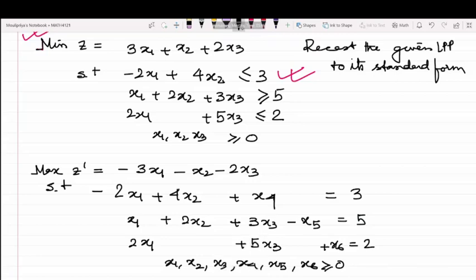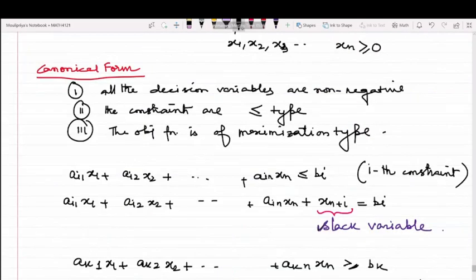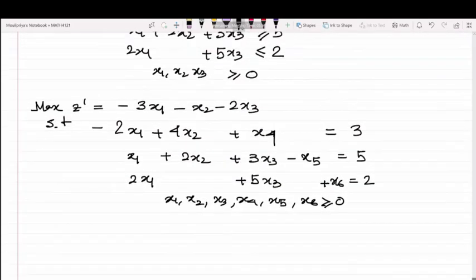Now we would be using a very important theorem. The statement is not required though, the proof is not required.